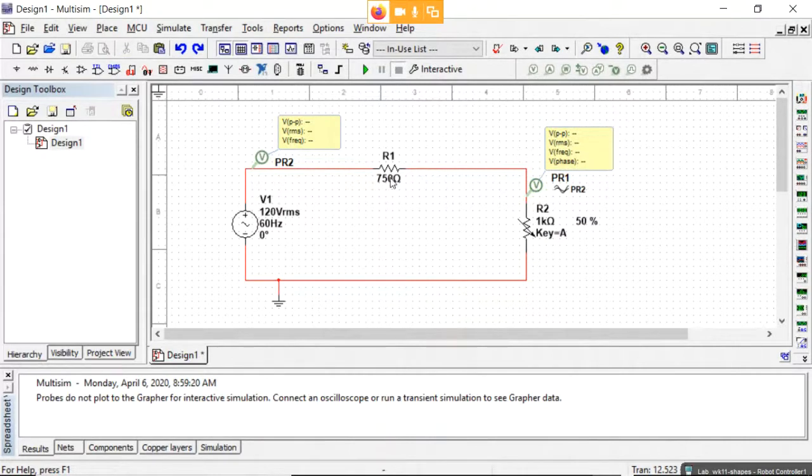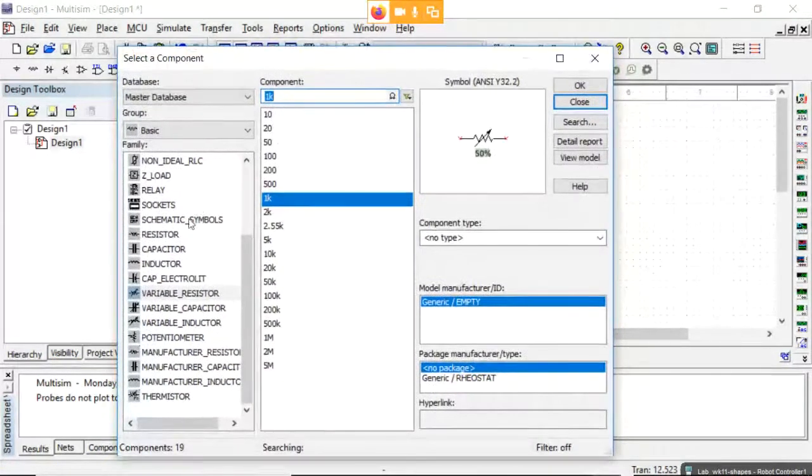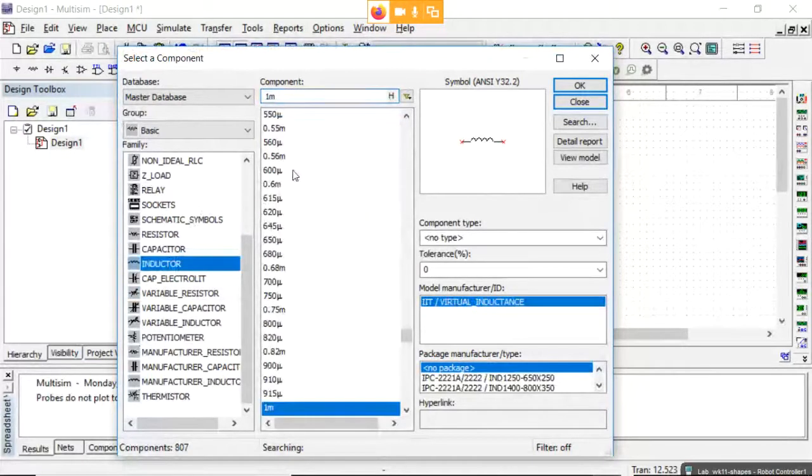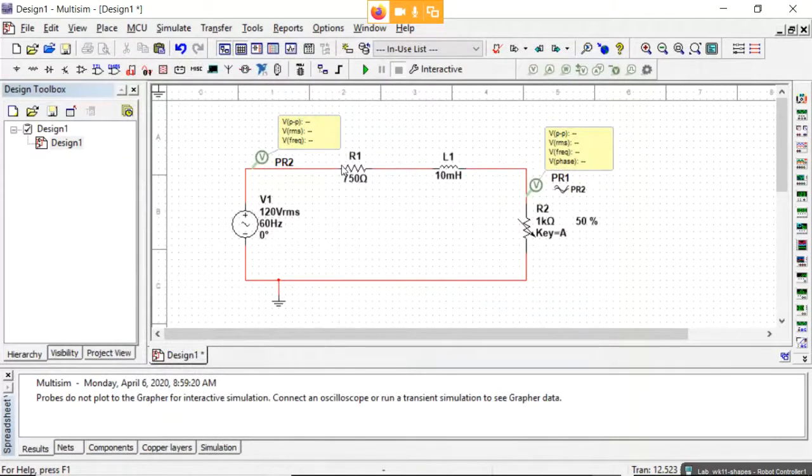All right, I guess I'll throw in the inductor here so that we can at least see some phase shift. I'm going to come over to inductor and grab a 10 milli, and put it in here. And so now we should see some phase shift. Notice here our voltage source is 120 volts RMS, 60 hertz, and 0 degrees phase shift.